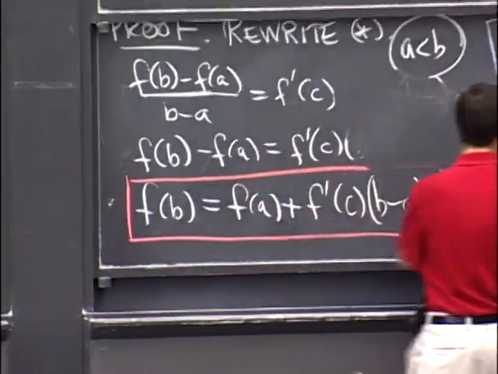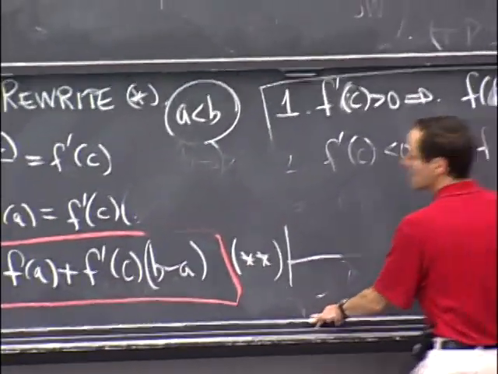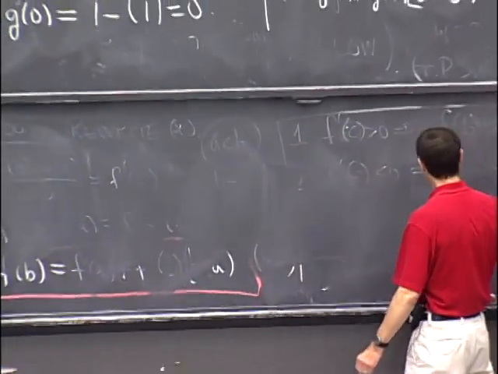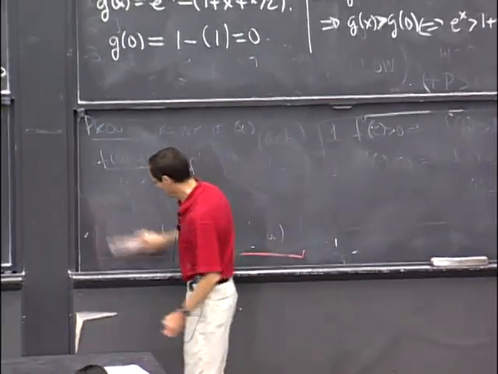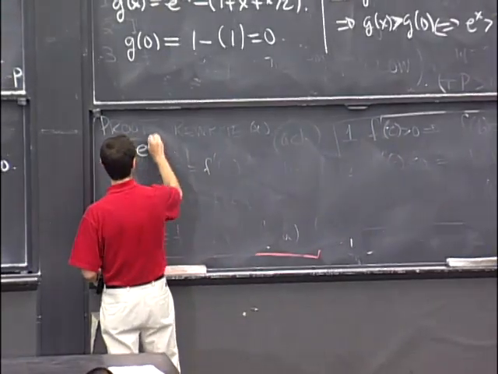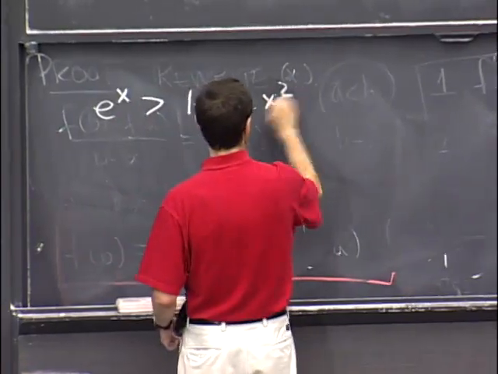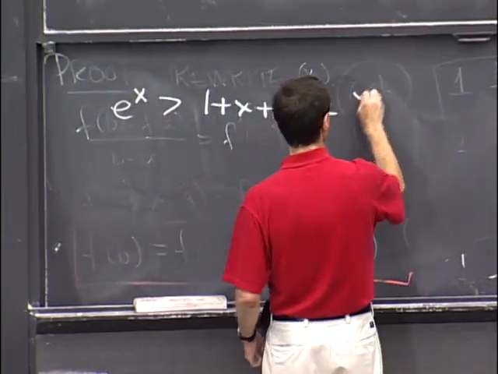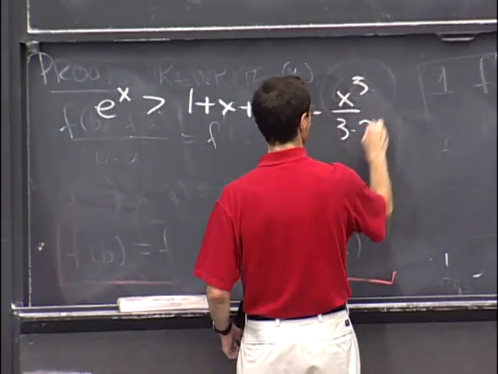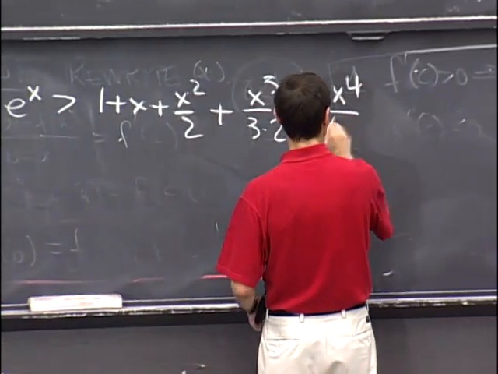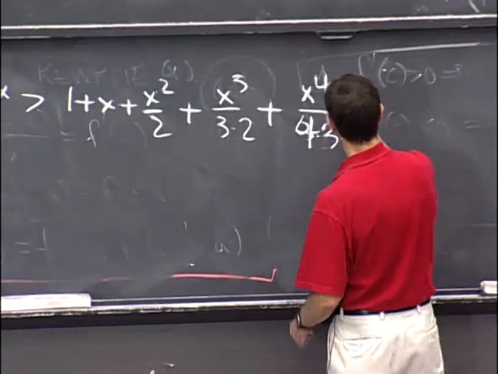Now, you can keep on going with this essentially forever. Let me just write down what you get. You get e to the x is greater than 1 plus x squared over 2. The next one turns out to be x cubed over 3 times 2, x to the 4th over 4 times 3 times 2.